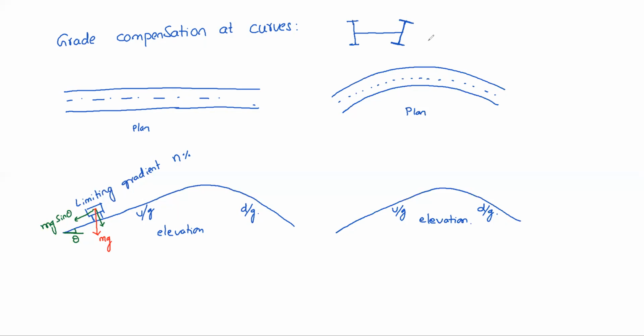Whatever power the engine supplies to the vehicle actually comes from the back wheels for most vehicles.